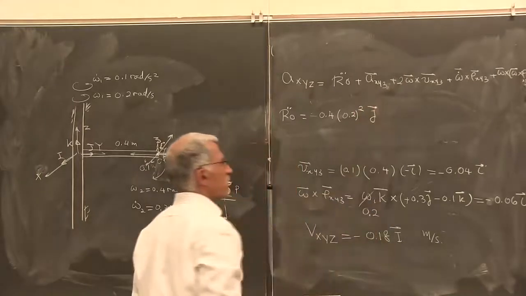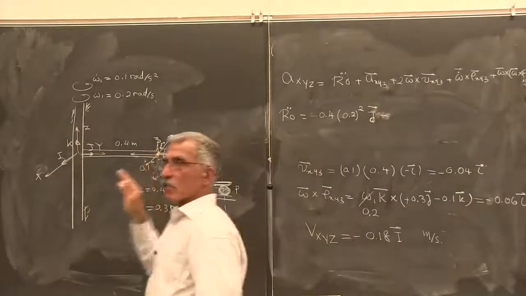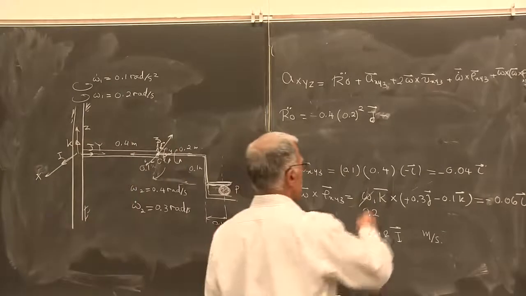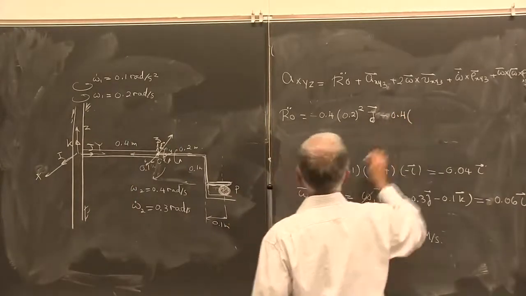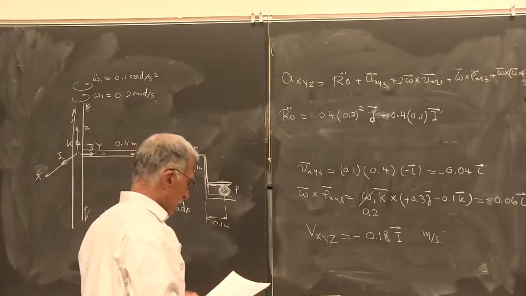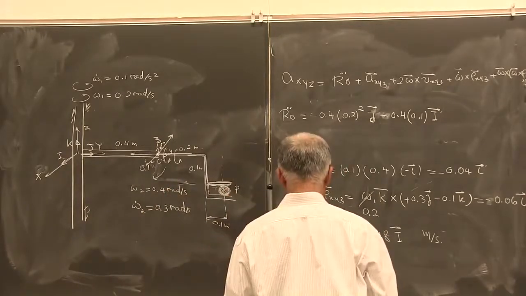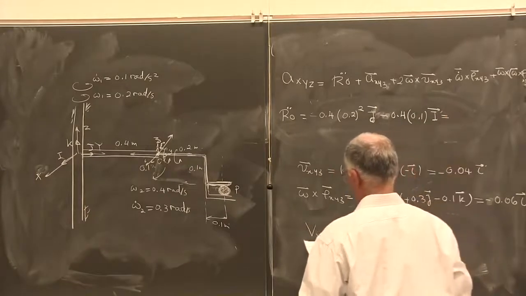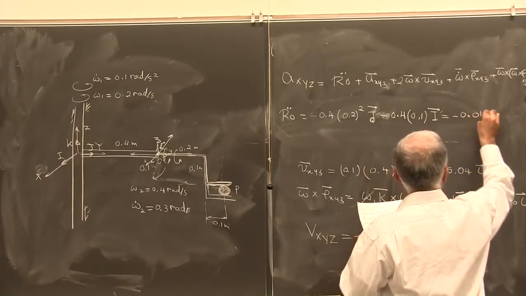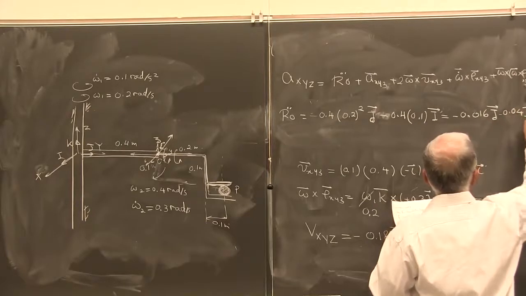The direction of that one is capital J. And you have one in the direction normal to the blackboard, in the direction of the negative I. That's r theta double dot, that is 0.4, theta double dot is 0.1, and the direction is I. So this number becomes equal to minus 0.016 capital J minus 0.04 capital I meter per second square.